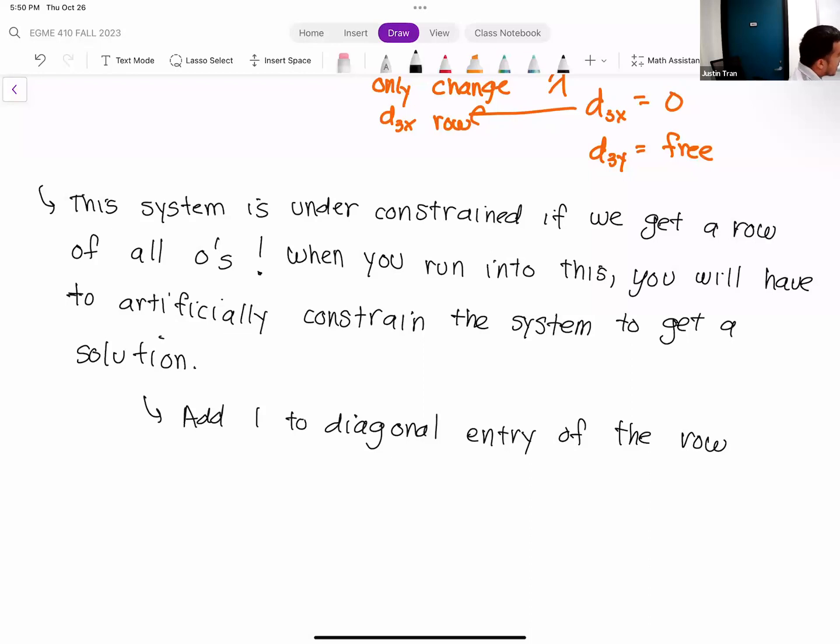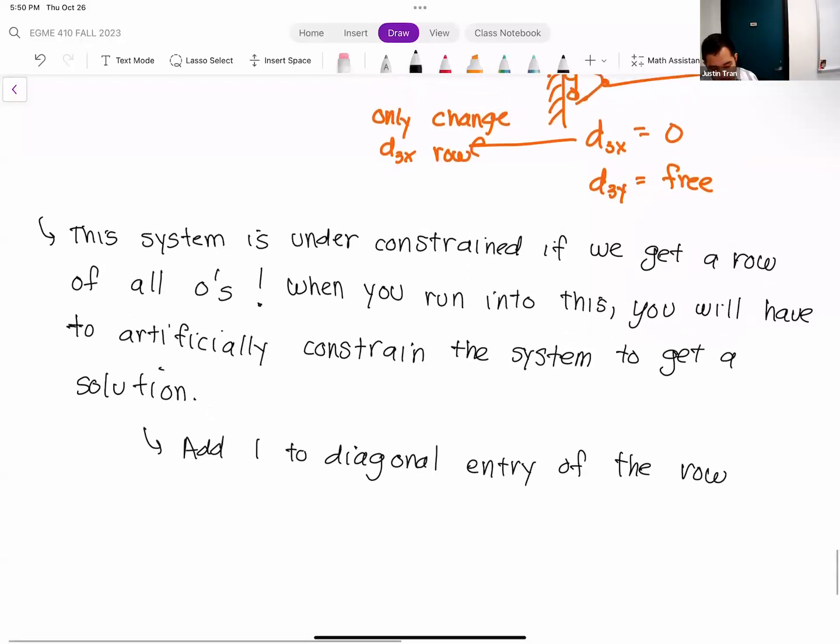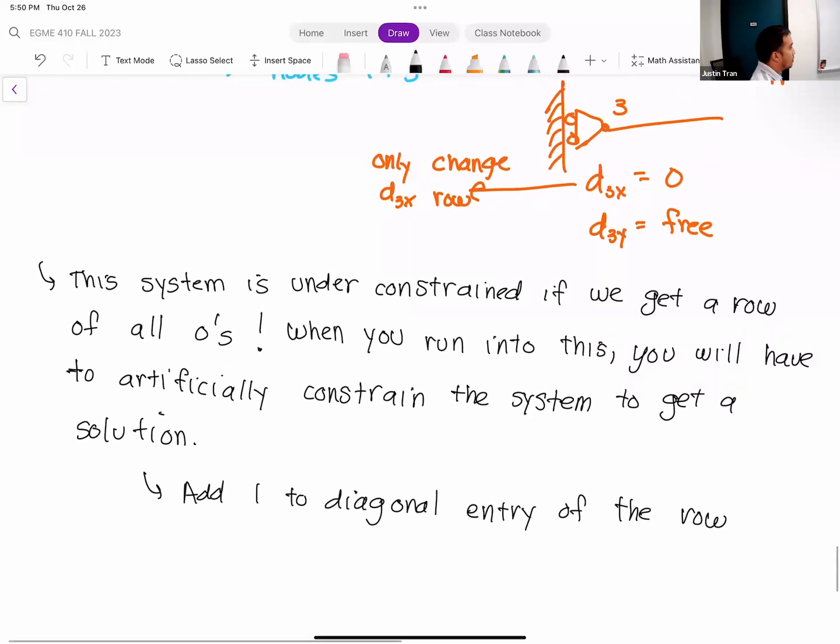Is this true to the original problem? No, it's not. We're changing the problem so that we can get a solution in this configuration. But what this is telling us is that in the original configuration, it's not stable enough, or not constrained enough, to get a solution within that geometry. So this is something you have to do artificially in order to get that solution.